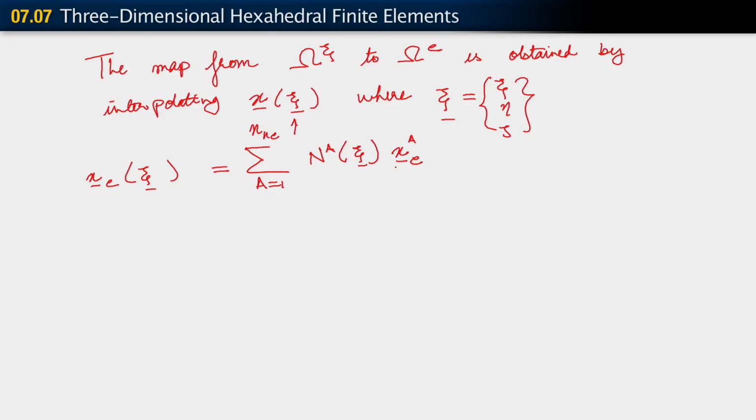Just remember that these are nodal coordinates in the physical domain.